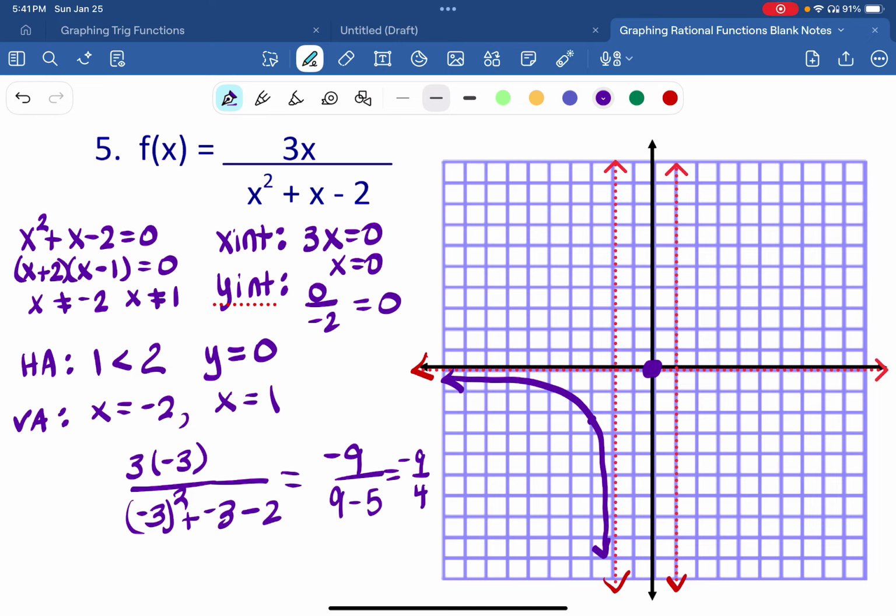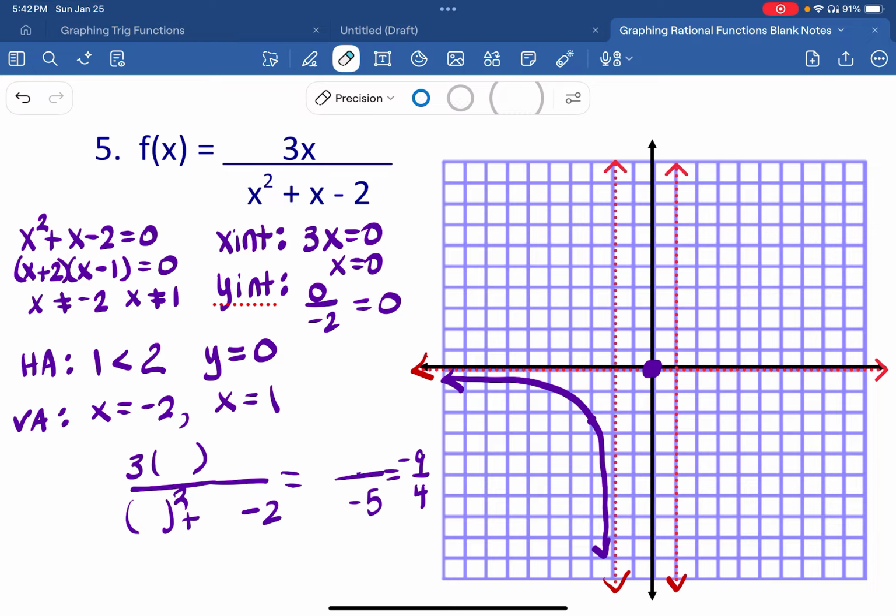All right, now I'm going to go to the right of the rightmost asymptote, and then we'll come back to that middle because that middle does some crazy things sometimes. So this time, let's plug in a number that's to the right of this vertical asymptote.